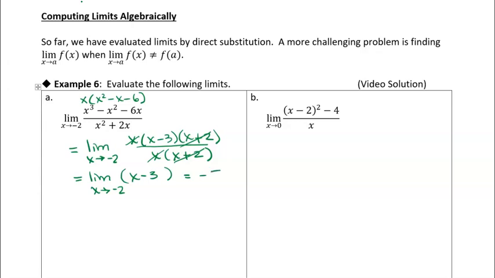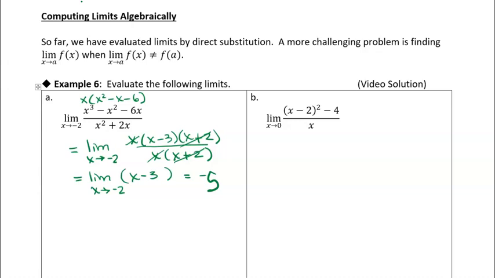So even though this function is undefined at -2, in the limit, it looks like it's approaching -5. Essentially, we have a hole in the function at x equals -2. All right, so let's go to the next one.